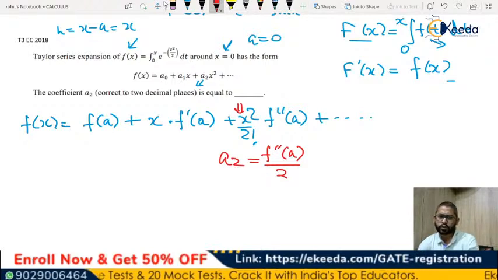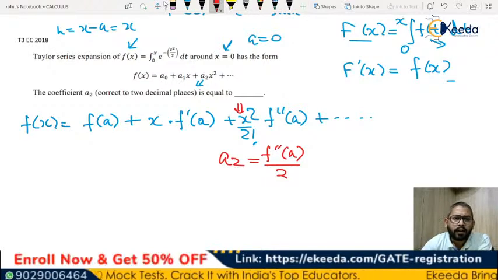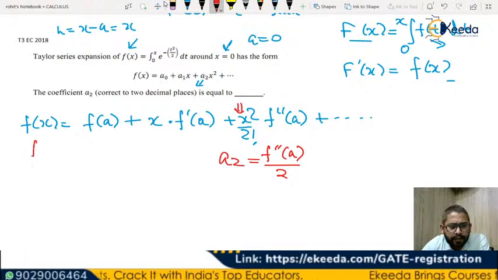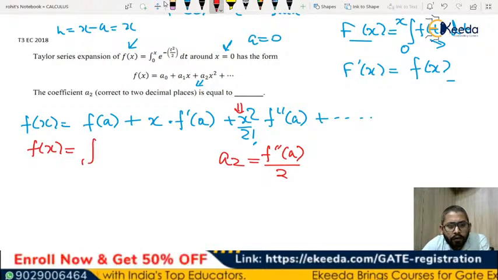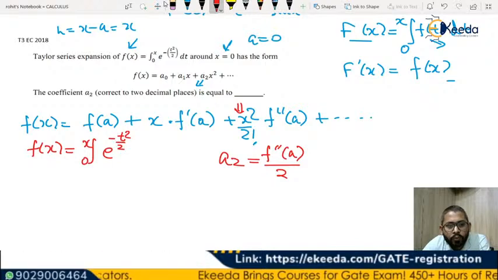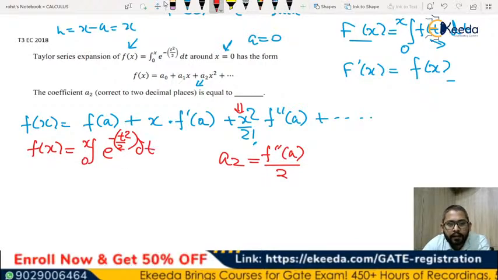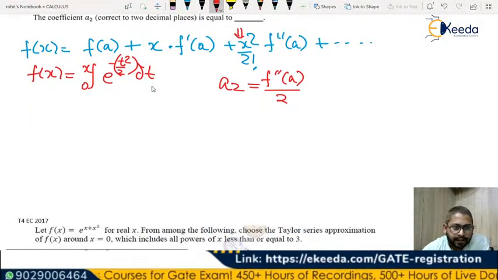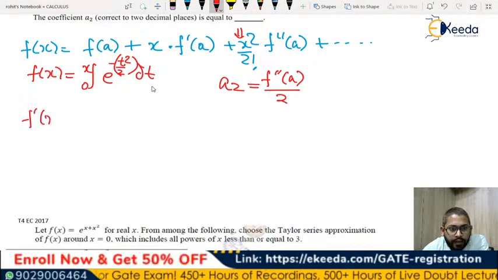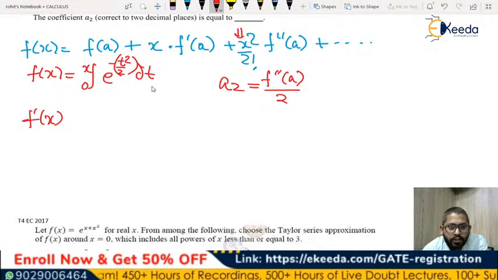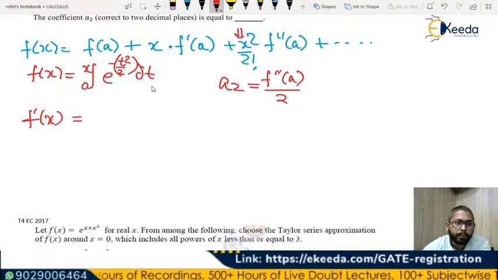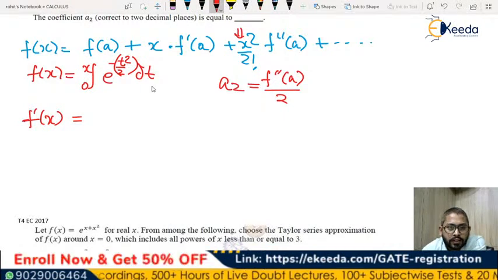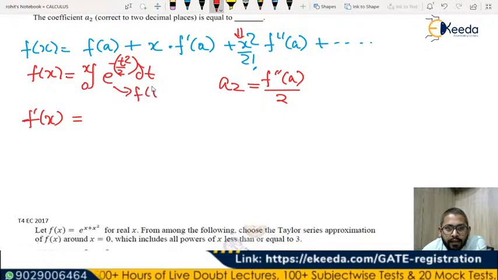Very similar to the previous question, but the condition is F of x is equal to the integral from 0 to x of e to the power of minus t square by 2 dt. So in that case, the first derivative F dash of x will become simply this function. This is f of t, right?